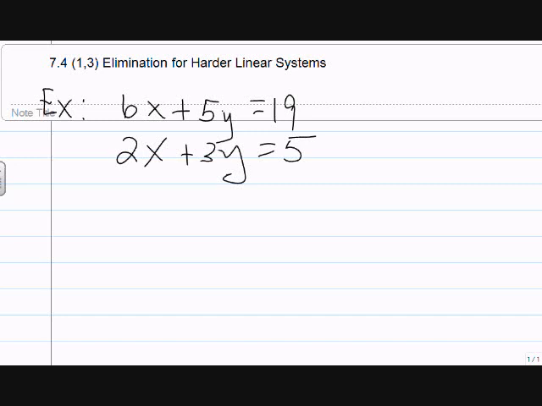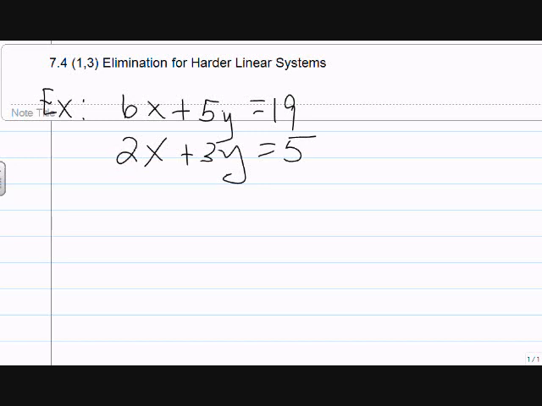Now, what you have to notice is that if you wanted to eliminate the x's, if this bottom row had -6 instead of 2, then you could just add the two rows here, and then the x's would be eliminated.